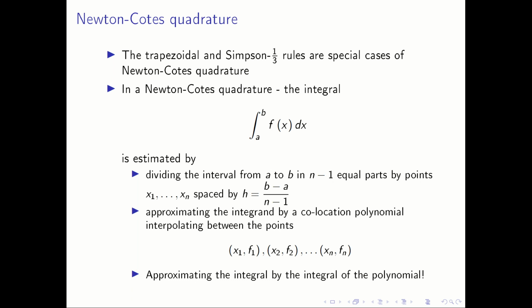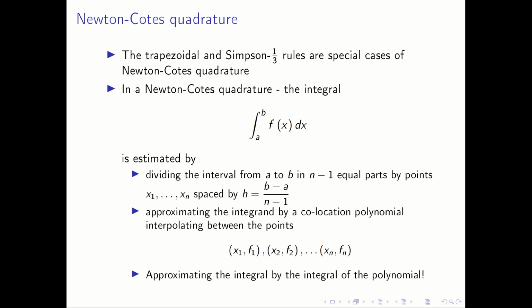So that's it. When we take only 2 points, that is a and b, I join them with a straight line, because that's the unique collocation polynomial which will go through those 2 points, and we get the trapezoidal rule.